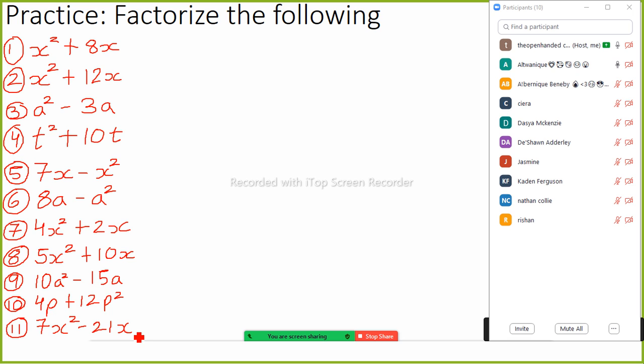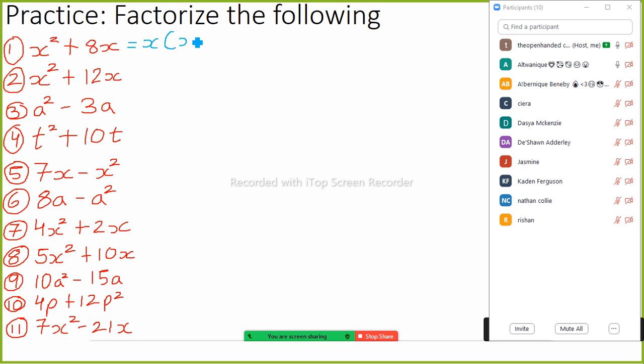Can I do the first one? Okay, sure, no problem. Put the x, then put the bracket, then put the x again.